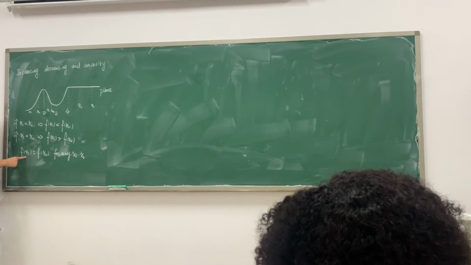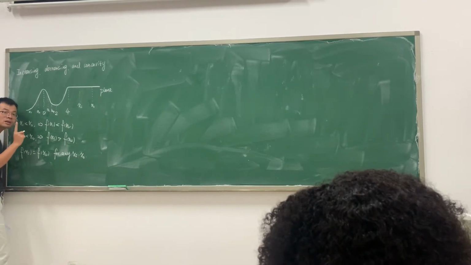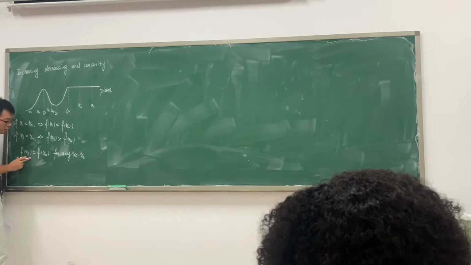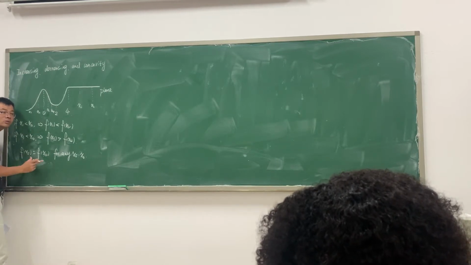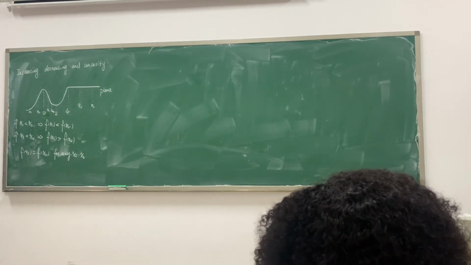So here, for any two points, if the function is a constant, we have f(x5) equal to f(x6). Okay. So from here we can have the definition of increasing and decreasing.